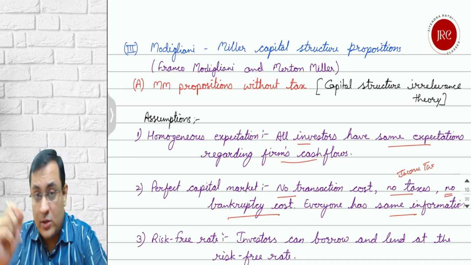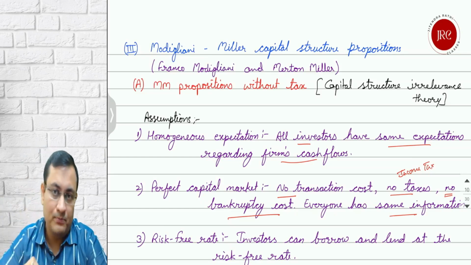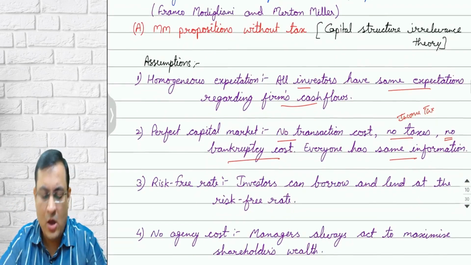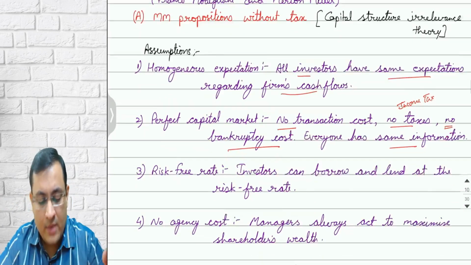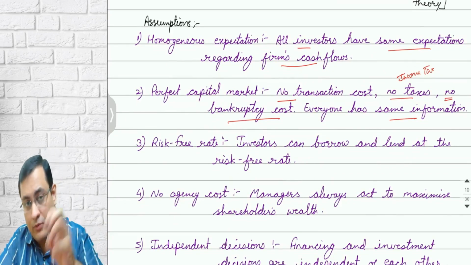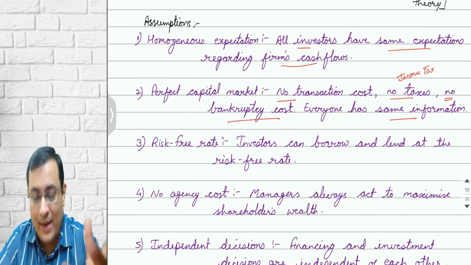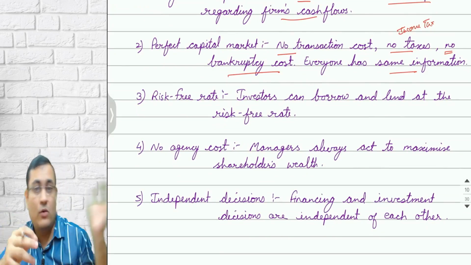This is the first theory, that is propositions without taxes. And there were certain assumptions: homogeneous expectation, unlimited borrowing and lending at the risk-free rate, perfect capital market, information efficiency, no taxation, no bankruptcy cost. Now we are going to study bankruptcy cost. What is bankruptcy cost? Cost of financial distress. And independent decision, there is no impact of financing over the investment decision.